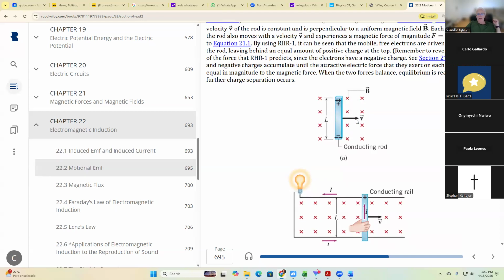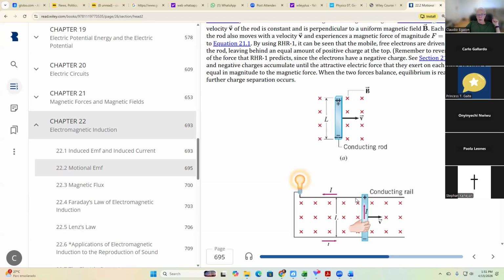So you do V cross B. Remember that? V cross B. If the charge is negative, the negative charges are going to be pulled downwards in this conducting rod. And we're going to have an excess of positive charges at the top. So we end up with an electric potential difference, an accumulation of negative charges at the bottom, and an accumulation of positive charges at the top.